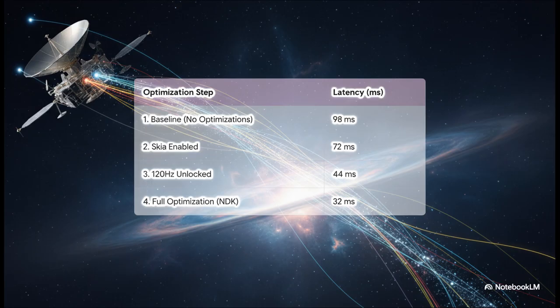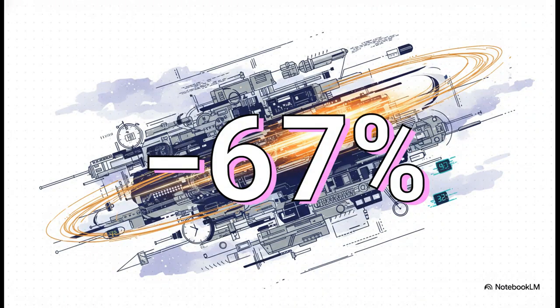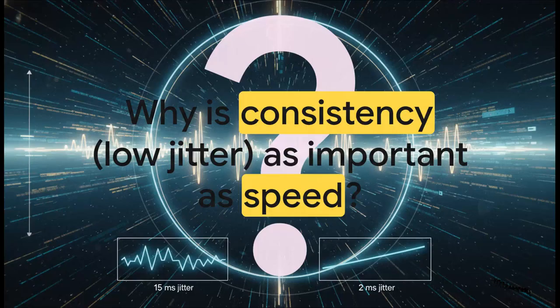Then, unlocking the 120 Hz refresh rate brought it all the way down to 44. And finally, combining all the techniques, including that NDK bypass, they achieved a minimum of 32 milliseconds. From 98 milliseconds all the way down to 32. That's a total reduction of 67%. That is the difference between an app that feels sluggish and clunky and one that feels, for all practical purposes, absolutely instantaneous.